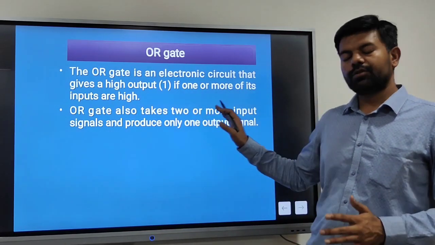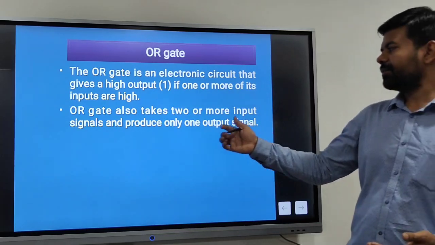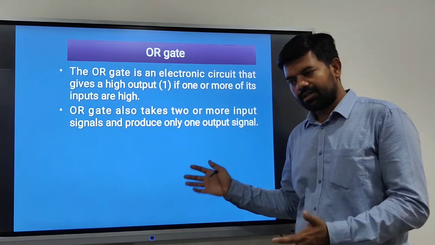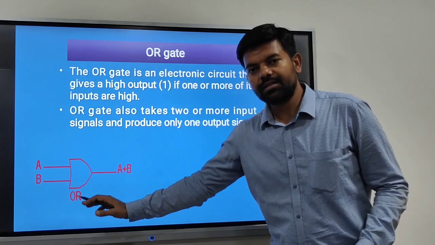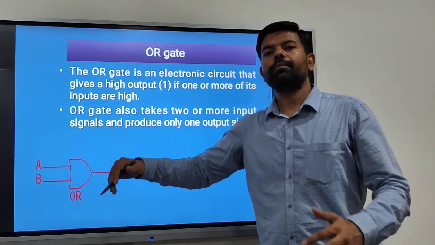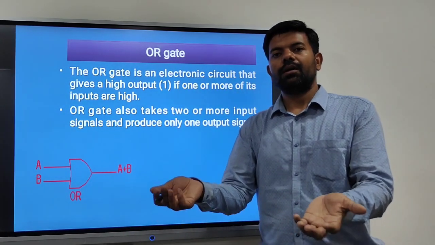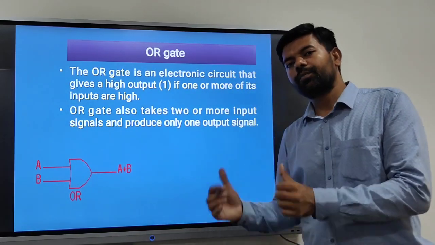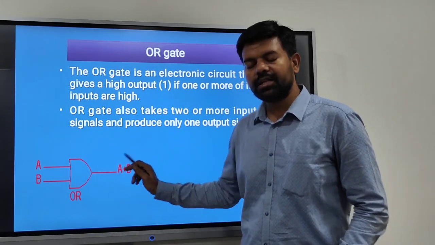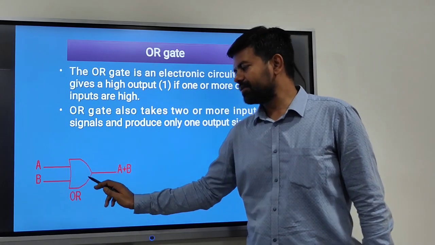The OR gate also takes two or more input signals and produces only one output signal. The symbol of the OR gate is this, with two inputs. It may also have 3 inputs, 4 inputs, 5 inputs, but its output is always a single output.